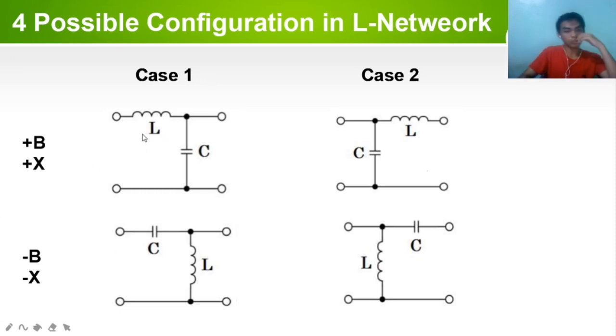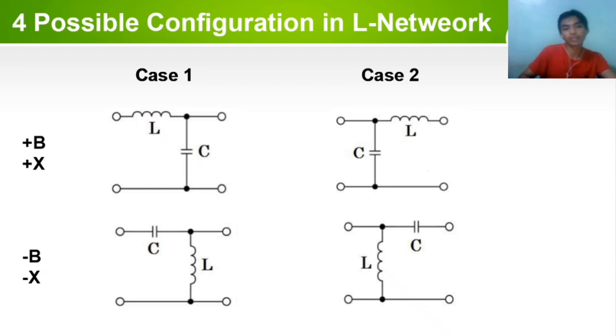And for case 2, assuming that B, the susceptance, and the reactance are positive, the L network configuration will be the capacitor parallel to the inductor and the load impedance. This is the same for negative susceptance and reactance.